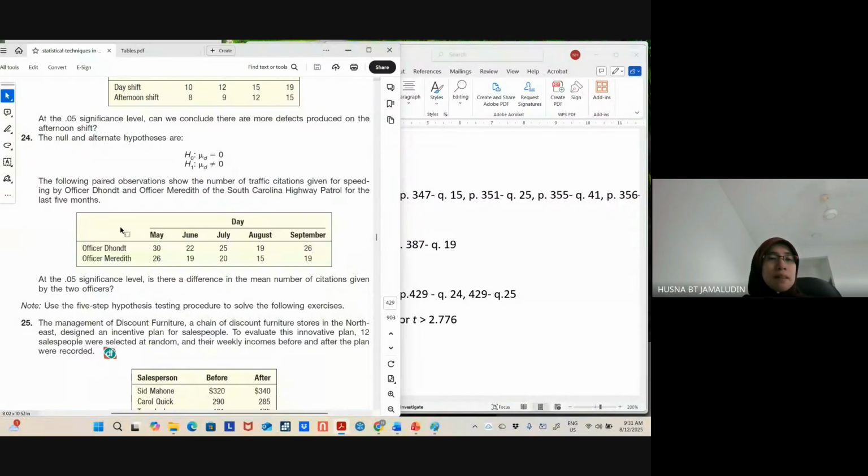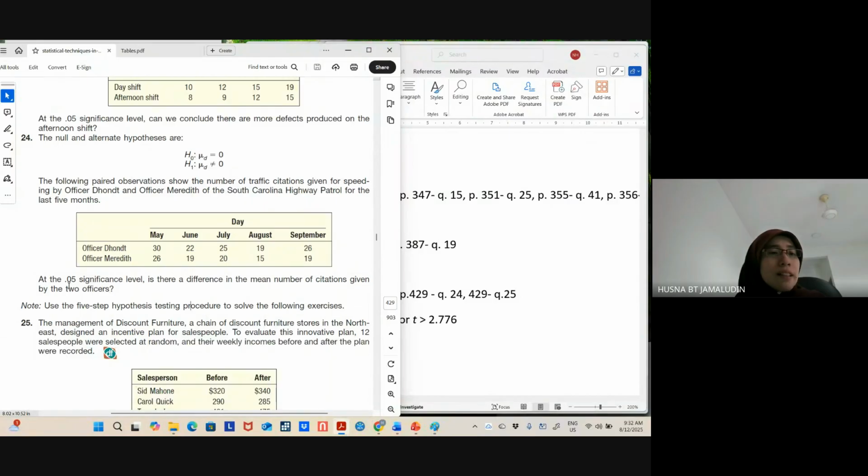We are talking about dependent. How? Even though these are two different officers, they are looking at the same month. So in May, they are giving two values. Remember the scenario for dependent: they are looking at the same thing, but having different values. When you are looking at the same sample, these are examples of dependent.